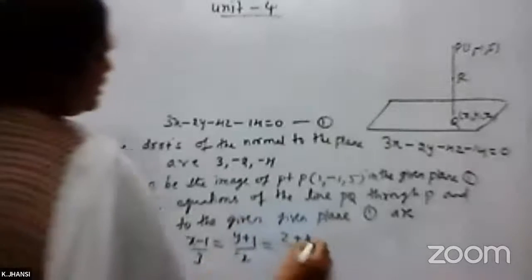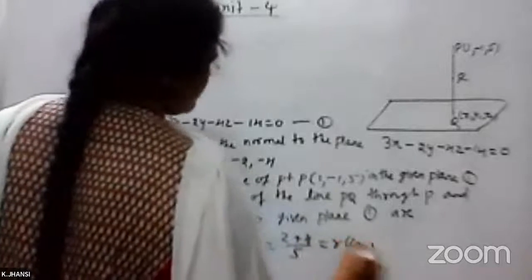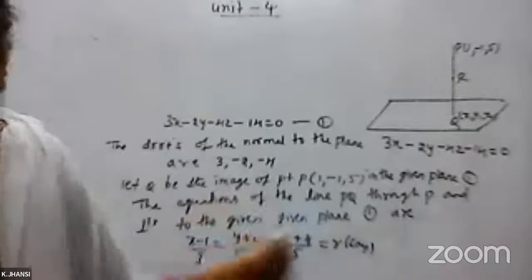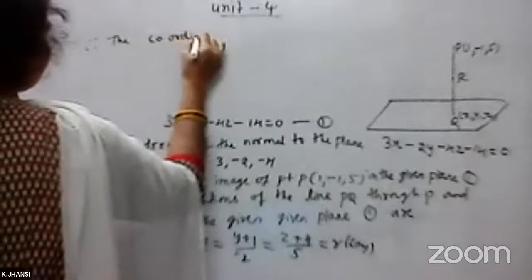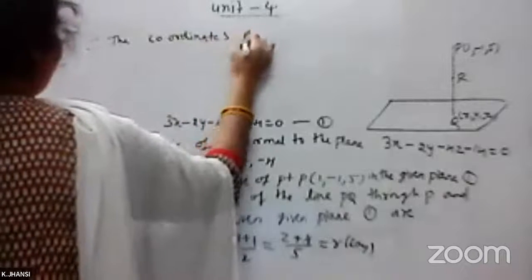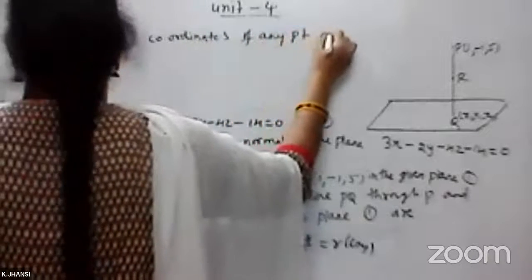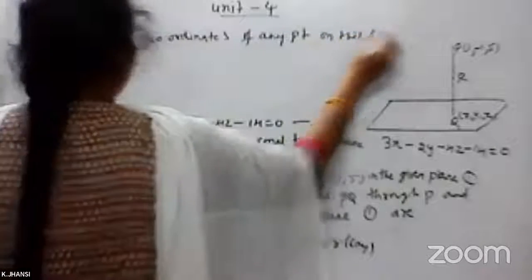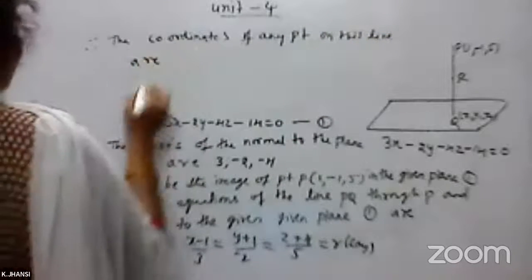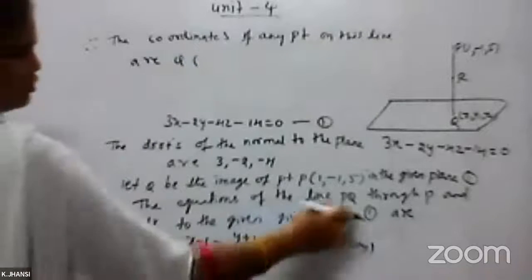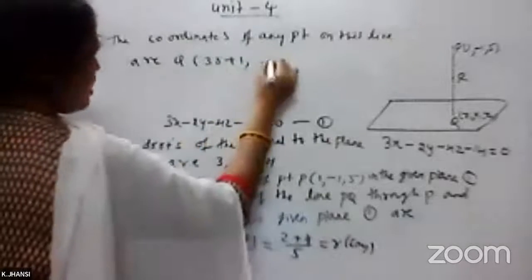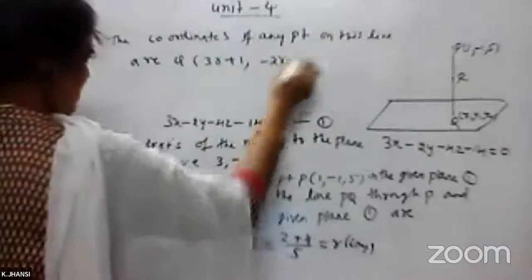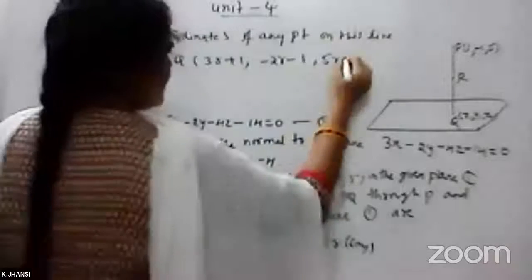Next, you take the ratio as R. When you do the cross multiplication, what do you get? Therefore the coordinates of any point on this line are, for Q, 3R + 1, -2R - 1, and 5R - 4.